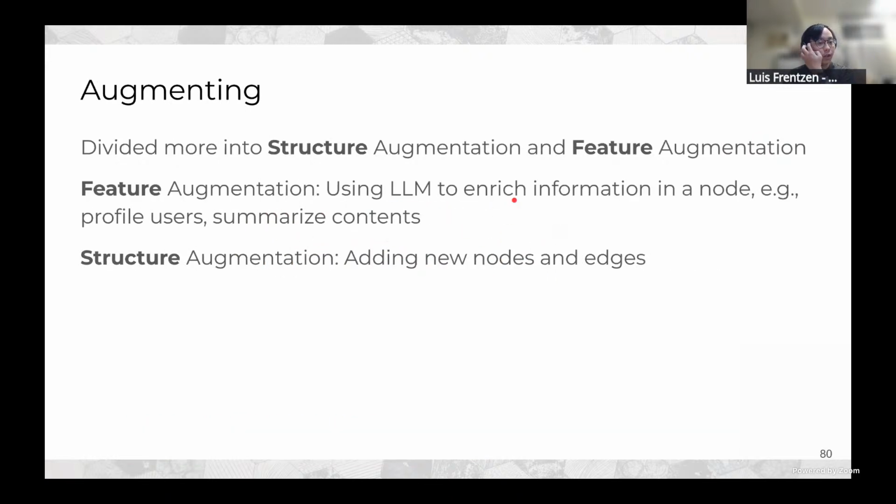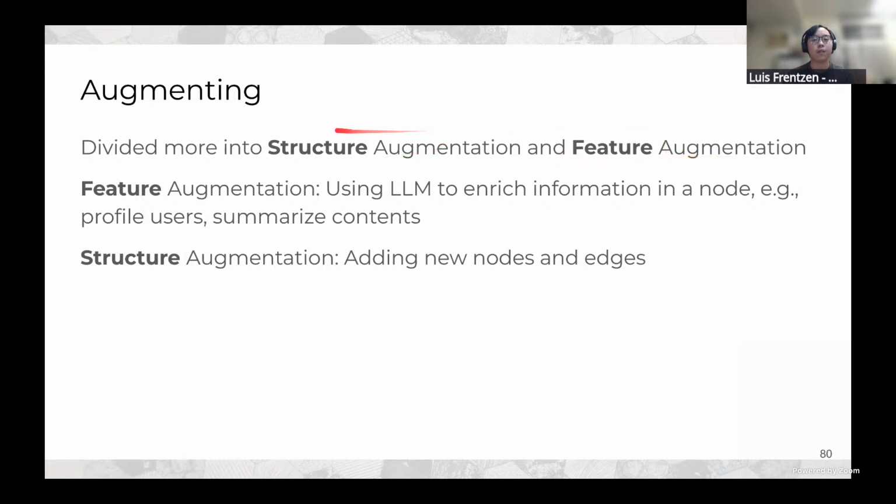So the next part here is augmenting, or expanding, like I discussed before with the previous example. There are two things that you can augment or expand. You can first augment the structure, or you can augment the feature.